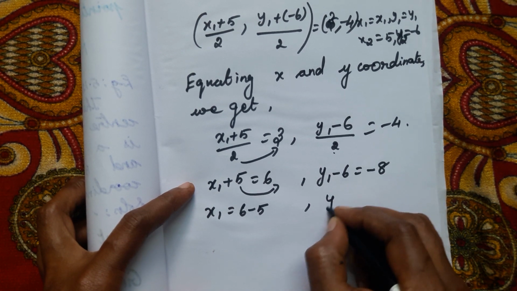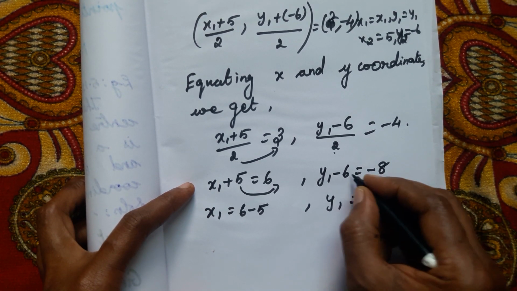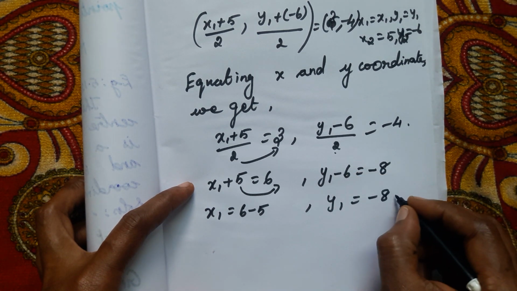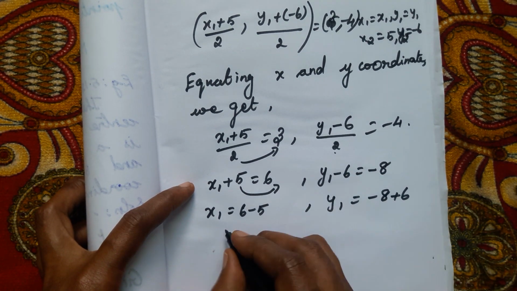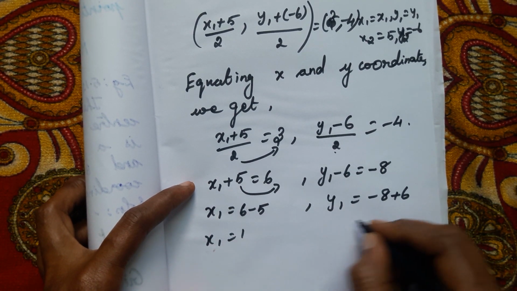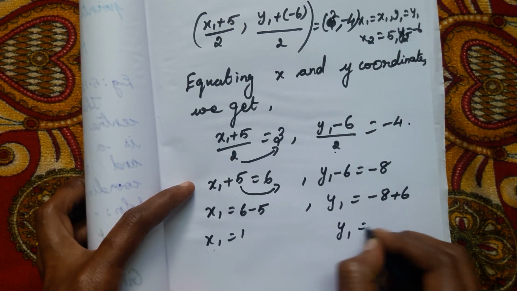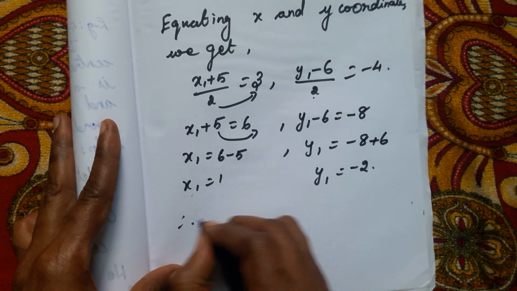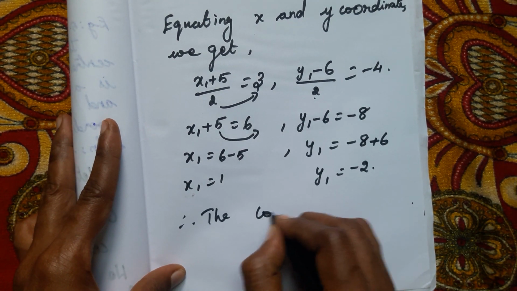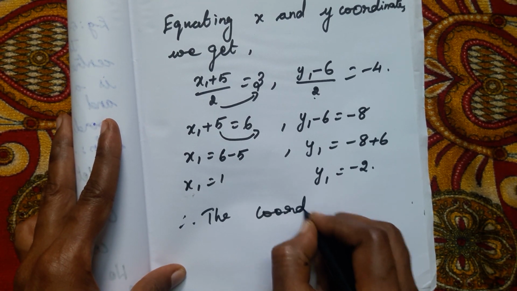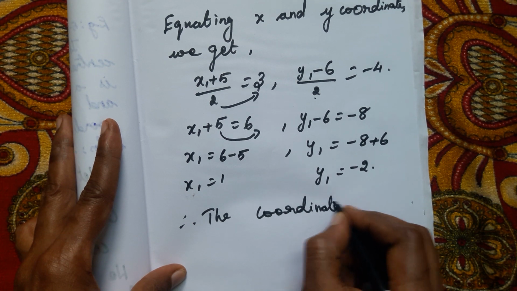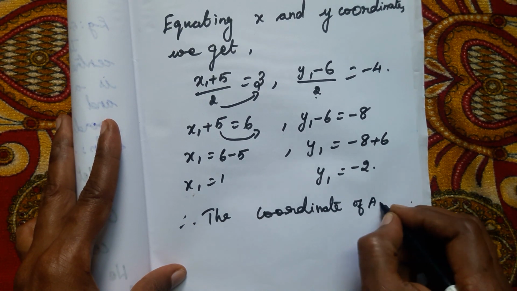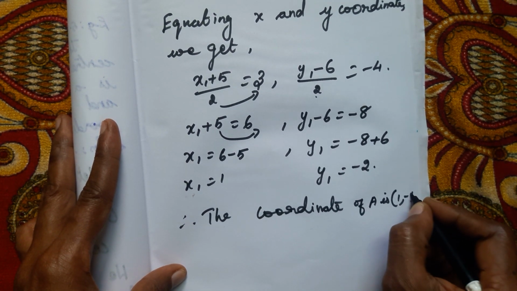And y1 is equal to minus 8 plus 6, taking 6 to the other side. So x1 is equal to 1 and y1 is equal to minus 2. Therefore, the coordinate of A is (1, minus 2).